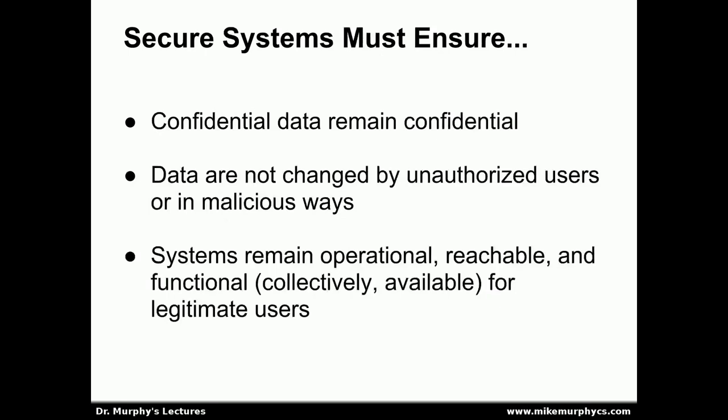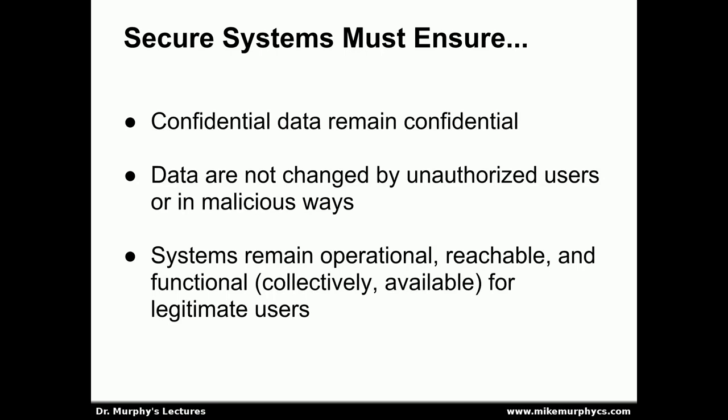So secure systems must guard against these problems. They must ensure that confidential data remain confidential, that the data are not changed by unauthorized users or changed by authorized users acting in malicious ways with malicious intent, such as someone inside the company trying to steal information or trying to commit fraud.